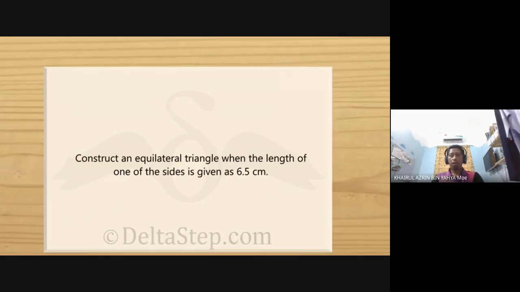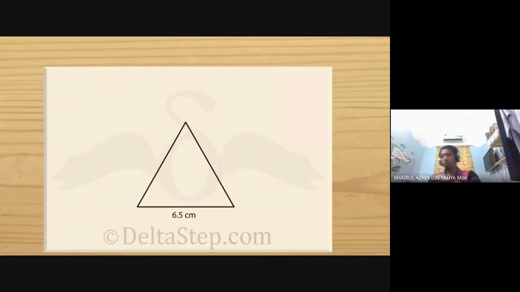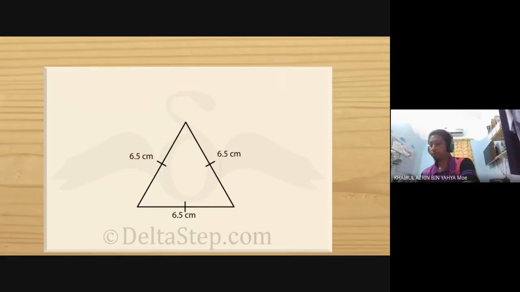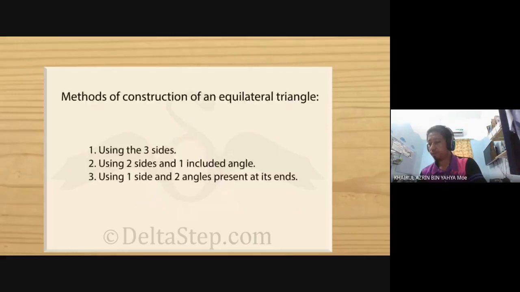Now, because the length of one of the sides is 6.5 centimeter, the length of all the 3 sides will be 6.5 centimeter. So, we know all the 3 sides and all the 3 angles here. So, while constructing, we can use any of the 3 methods of construction using the 3 sides or 2 sides and 1 included angle or 1 side and 2 angles.